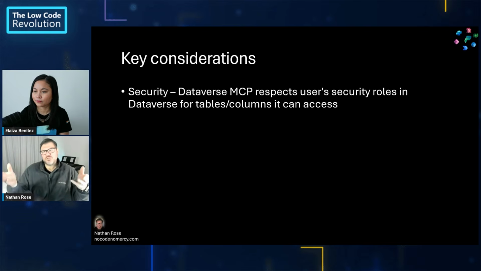So if you have access to a table, your agent will work. If you don't, it's not going to let you do it. Or if you only have access to records that you own, it's not going to let you search or update or create records in tables that you don't have access to or records that you don't own, just depending on your level of security permissions.